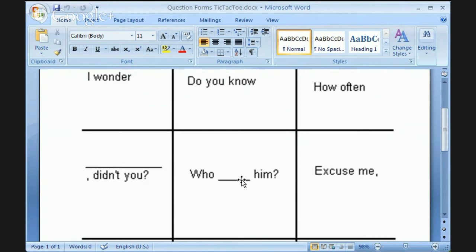I can't use it with -ing. It would be very common to use a present continuous here. Who is finding him? Yeah, that would be more logical. Who is helping him? Yeah, that's possible.